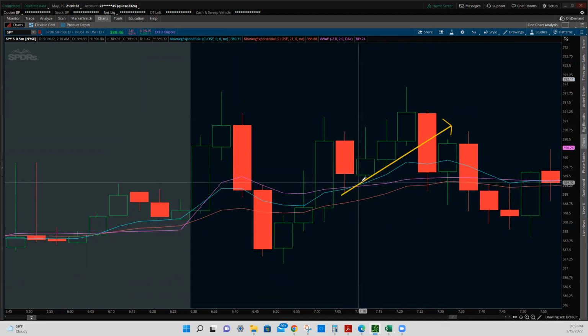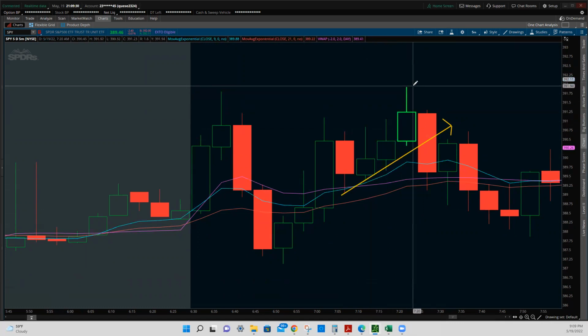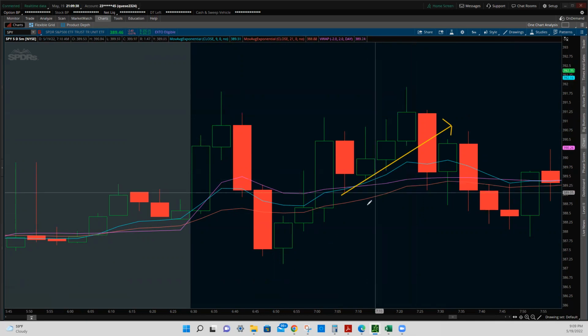If you were to buy right here, you could have taken advantage of SPY increasing from 389 all the way to 391, which is almost $3 or so, not accounting for the cents involved. But you can see how it's a good indication that it's in an uptrend.